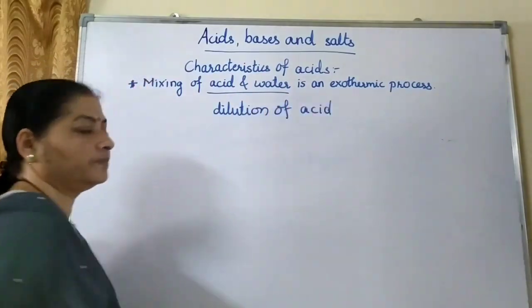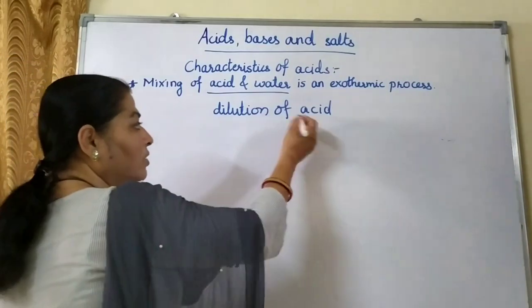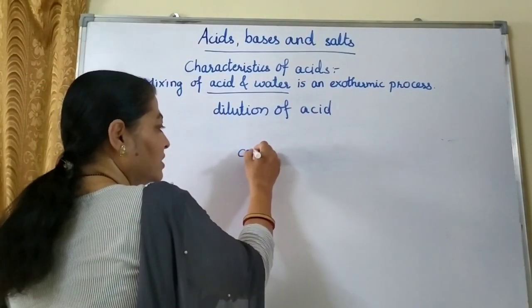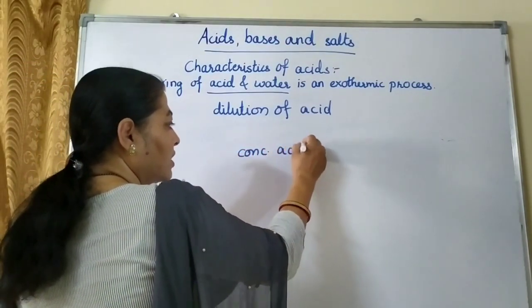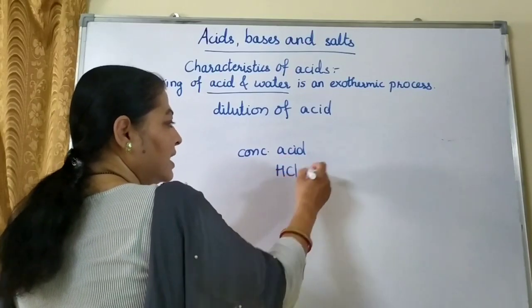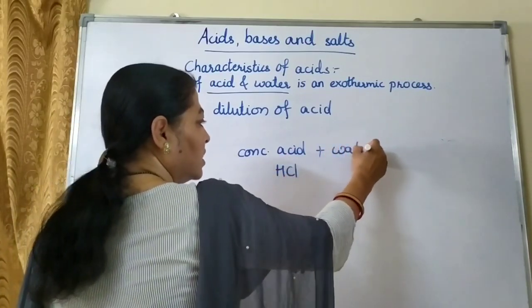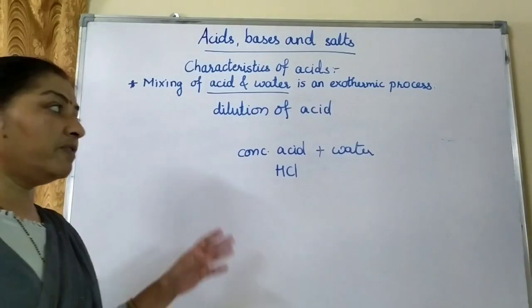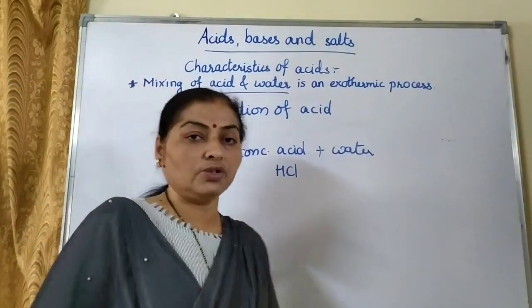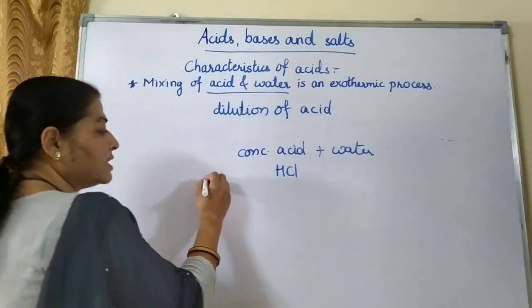So for diluting an acid solution, we take concentrated acid. Let us take an example, HCl, and we mix water with it. Now as heat is produced, we should be very careful while diluting an acid solution. So how should the process be?